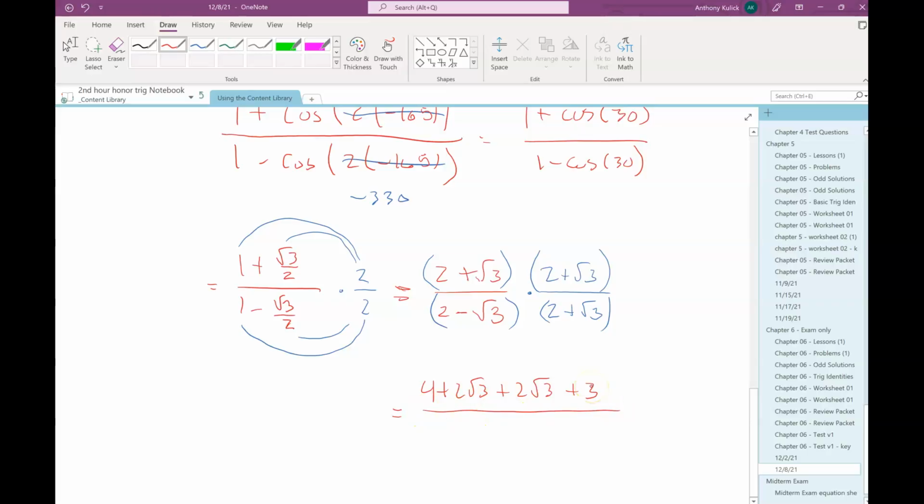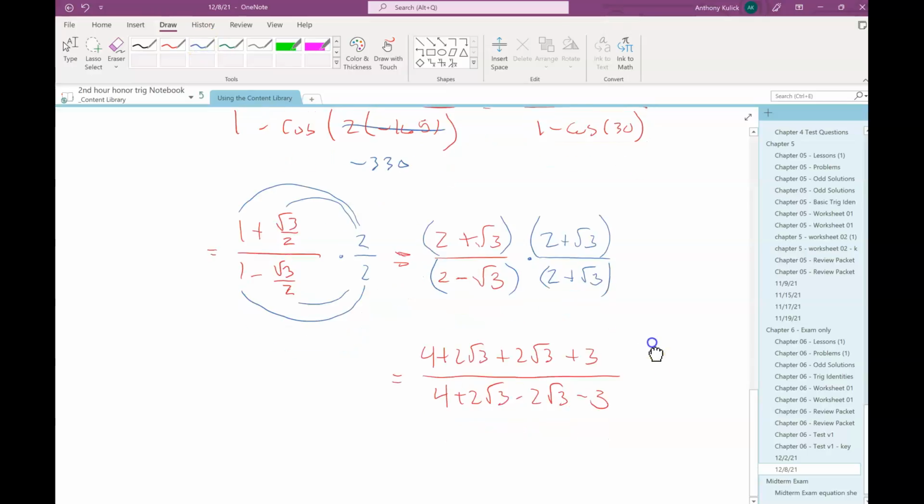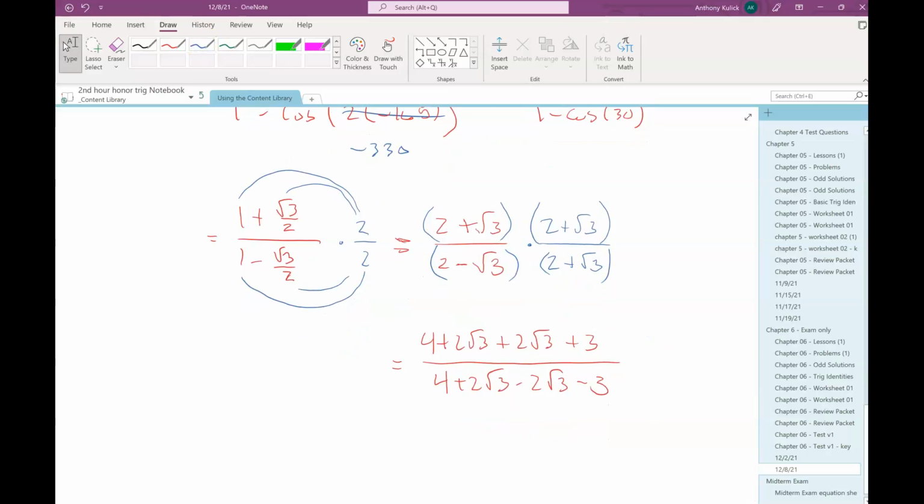Note when I multiply root 3 times root 3, I get root 3 squared, which is the same thing as just 3. Everybody okay with the foiling that I did there? I actually wrote out the FOIL for you. Notice in the denominator, I have positive root 3 and then minus 2 root 3.